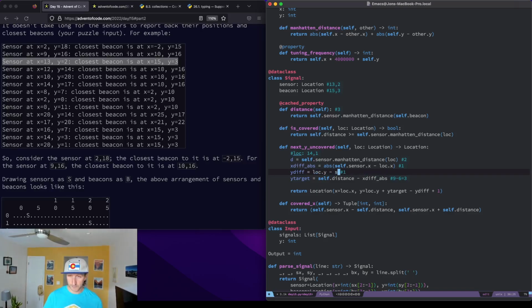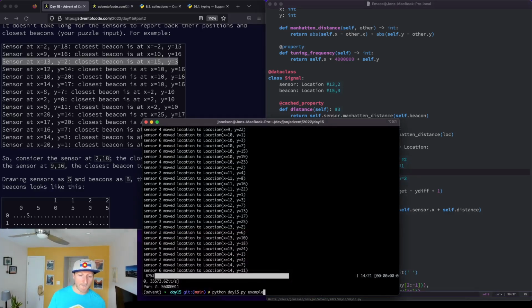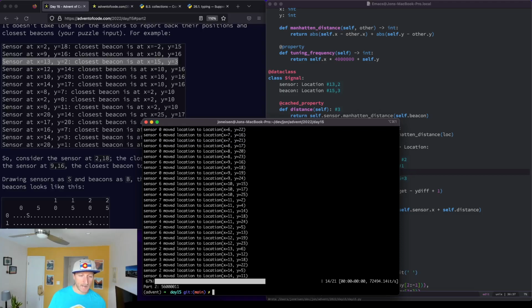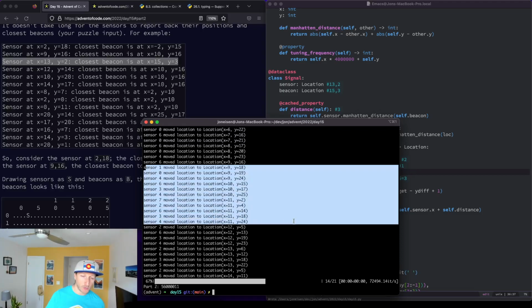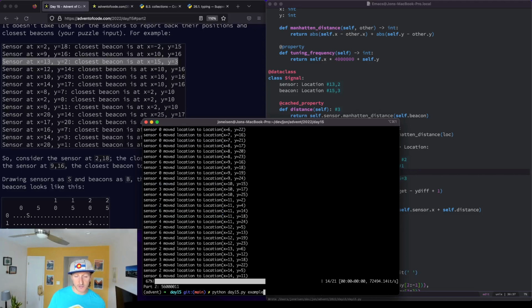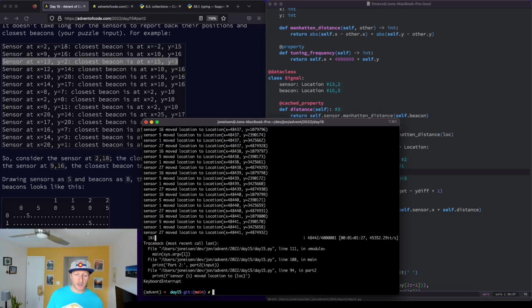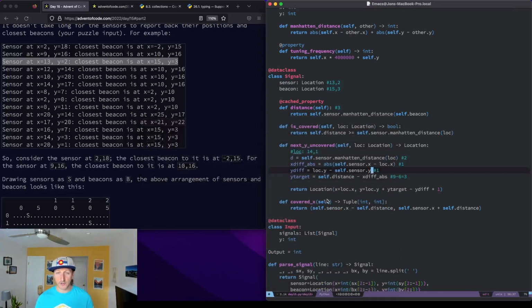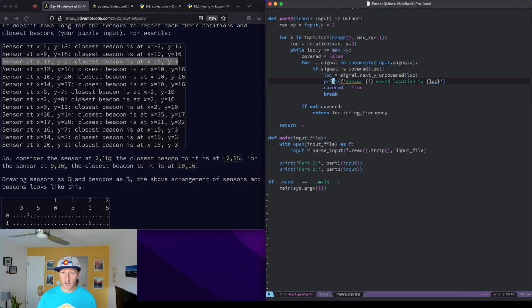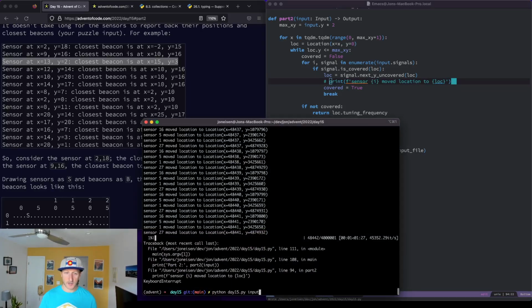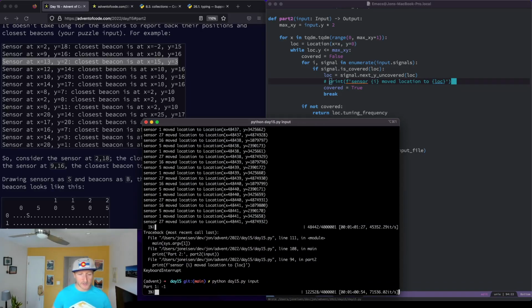Oh. All right, let's try that again. Okay, now we have no repeated sensor movings. We still get the right answer. Let's run it on the input, and it'll actually run faster now because we'll have less repeated movings.